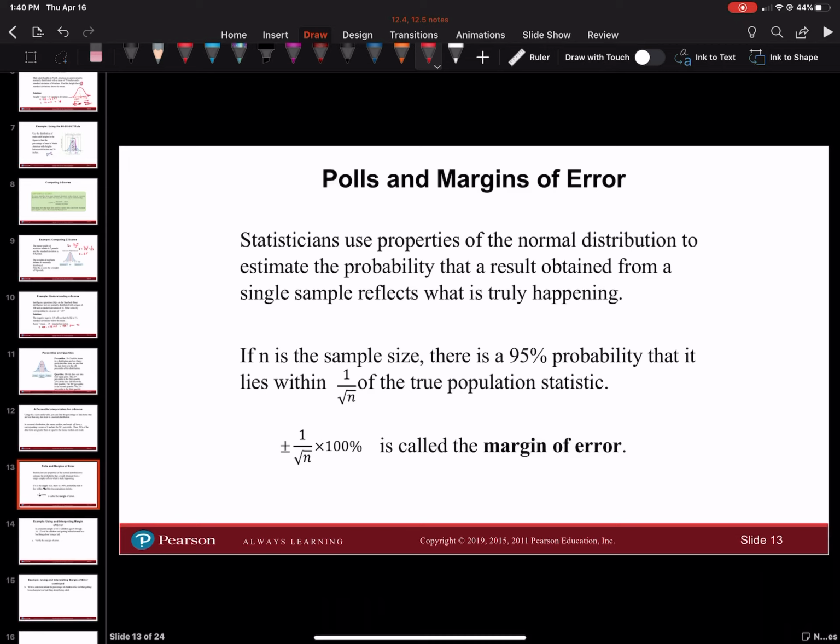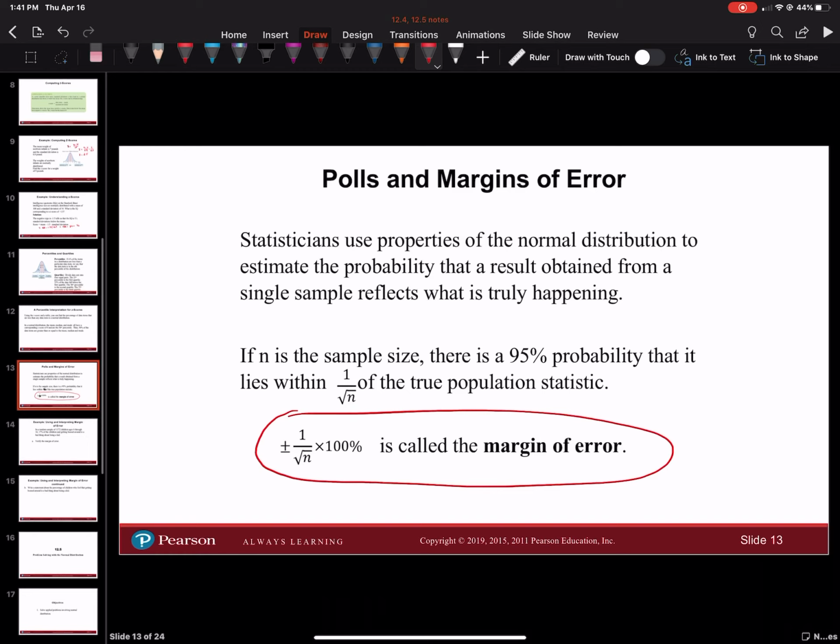So plus or minus 1 over the square root of n times 100% is called the margin of error. So basically we're going to find the margin of error. So I would write this down because we're going to use it.